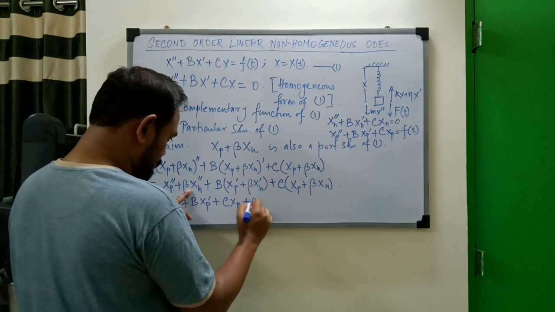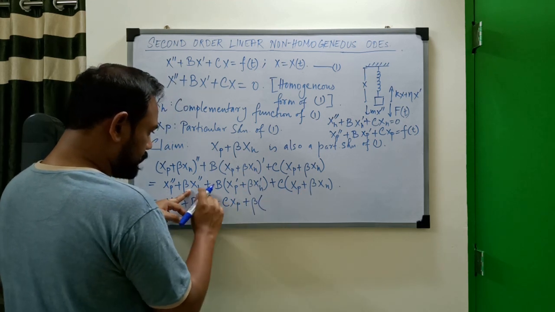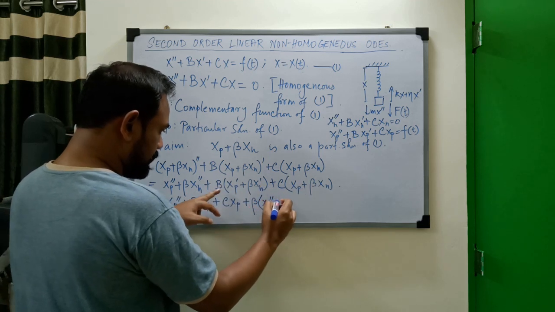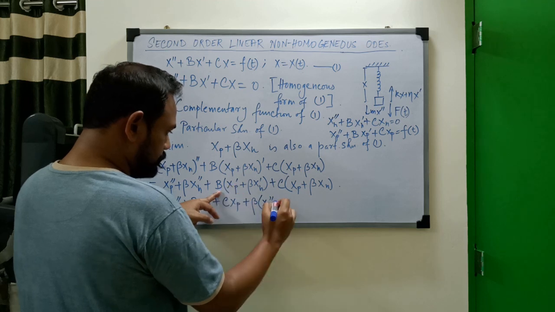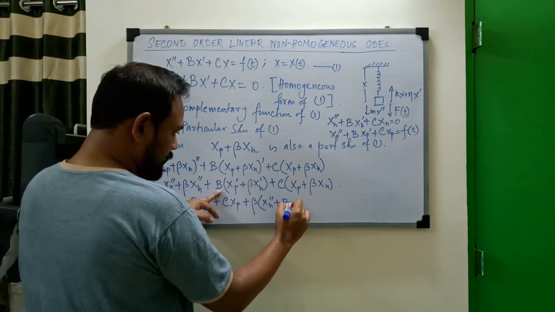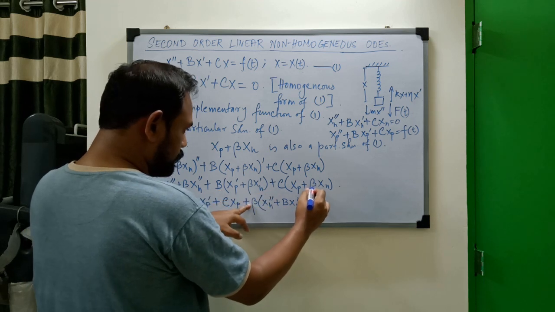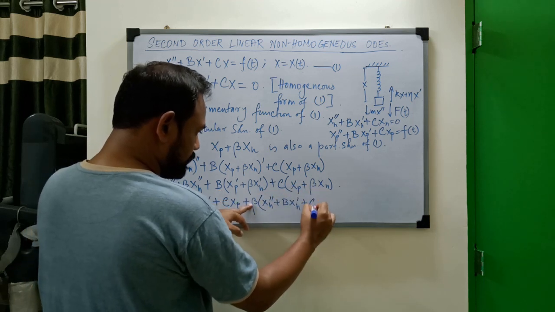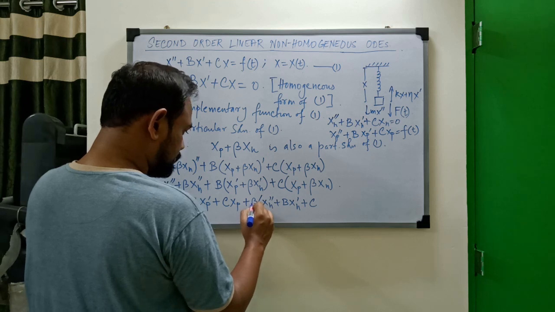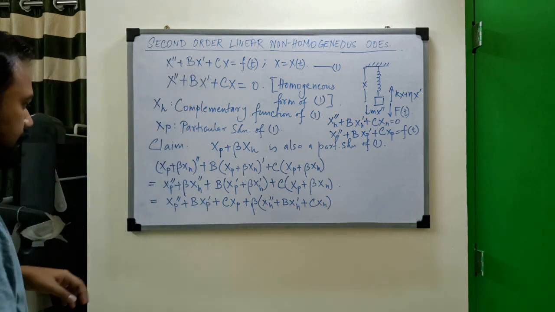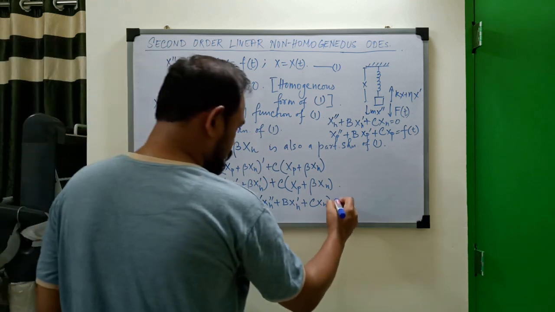So let's just take that out. So once you group these three terms, you will be left with xh double prime plus this multiplies with b, capital B, and you have xh prime. And then beta is out, so this multiplies with c, so you have a c xh.